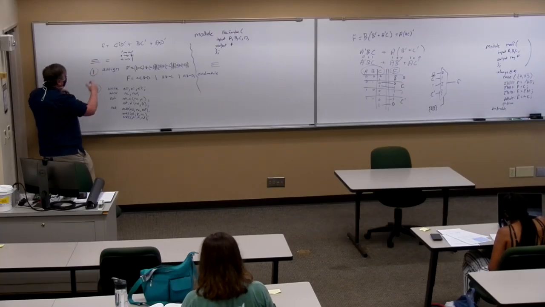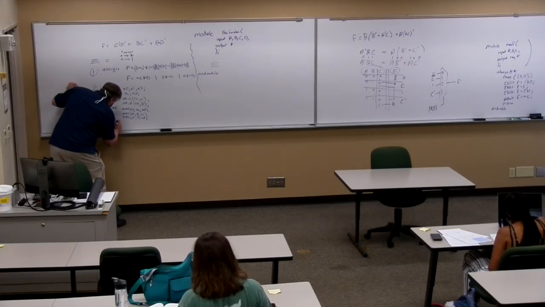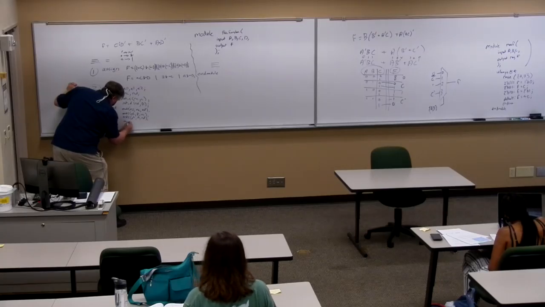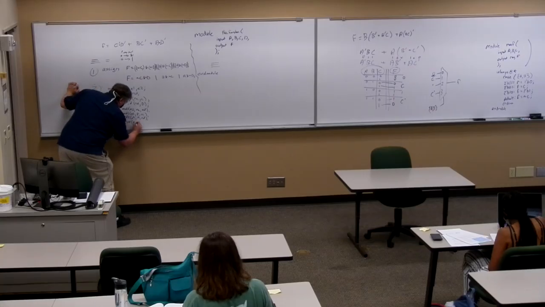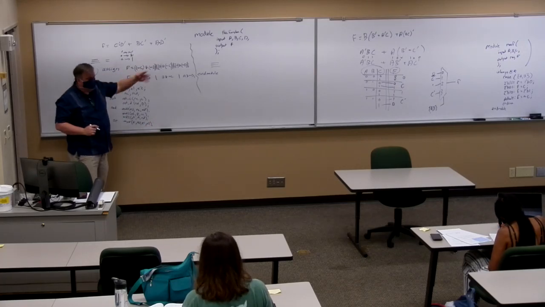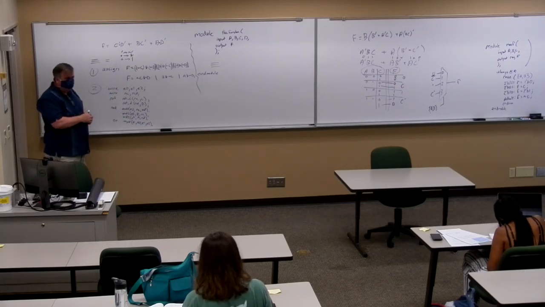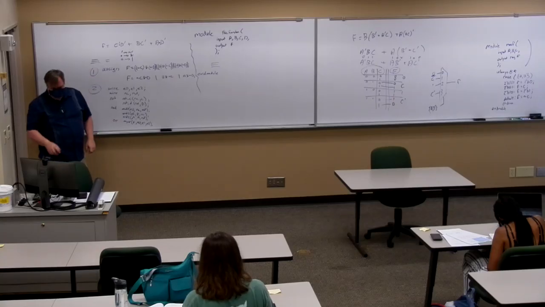And now I've got one great big OR gate. My OR gate: the output is F, and the inputs are E0, E1, E2.